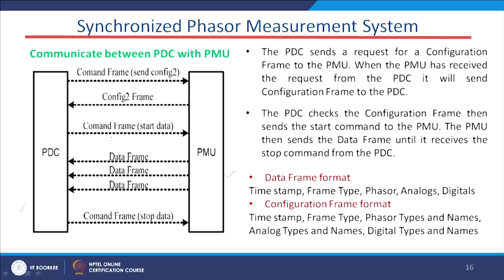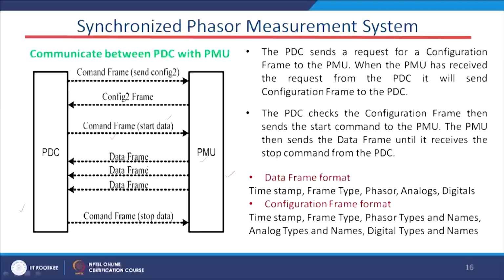First of all, the PDC will send one command, here written as command frame, start of data, as if the PDC is telling the PMU to send the data, to start the data. So the PMU will start sending the data frame to the PDC. That is the first operation.